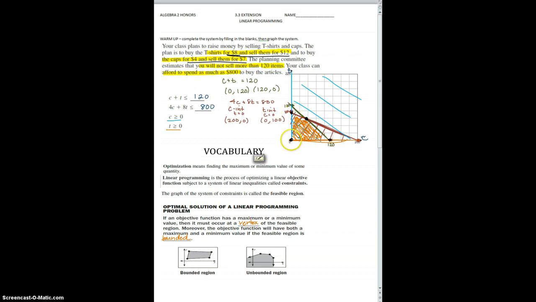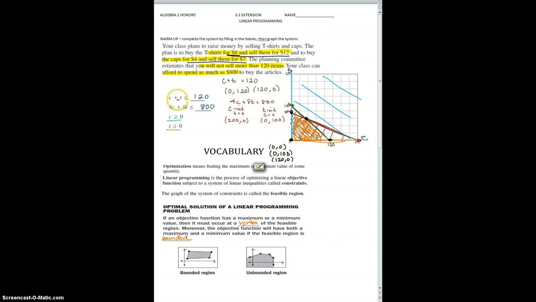I've marked each of my vertices in black. The first one is at (0, 0). My next one is at (0, 100). This one is (120, 0).